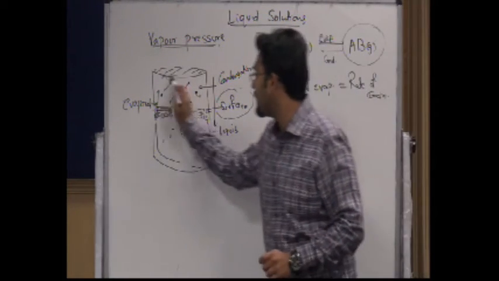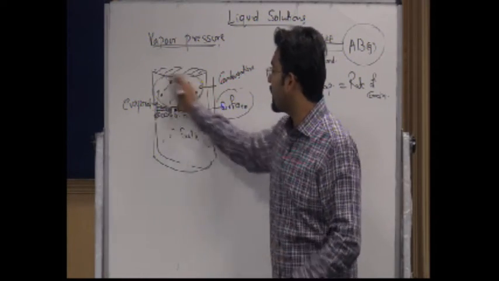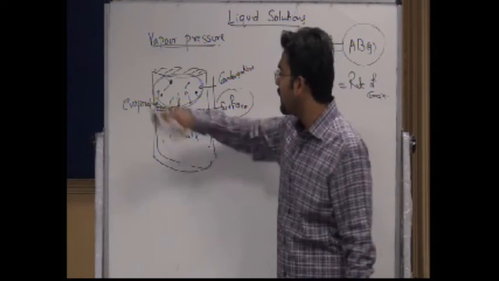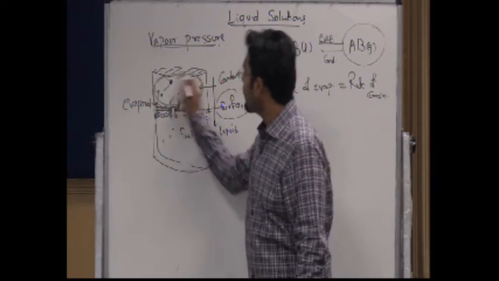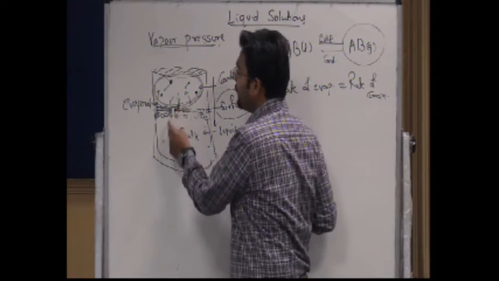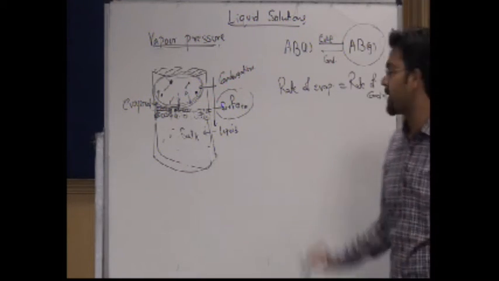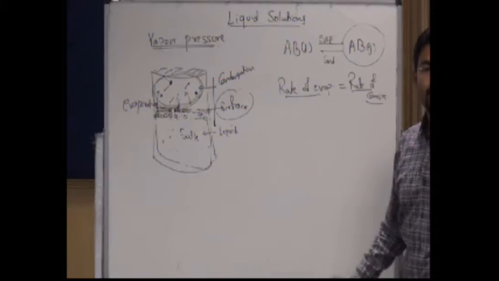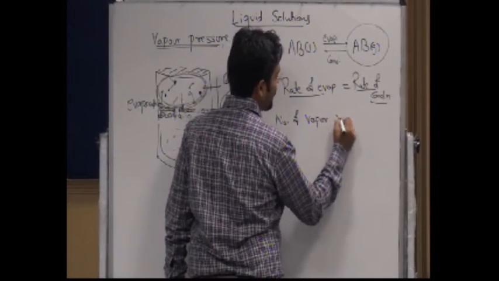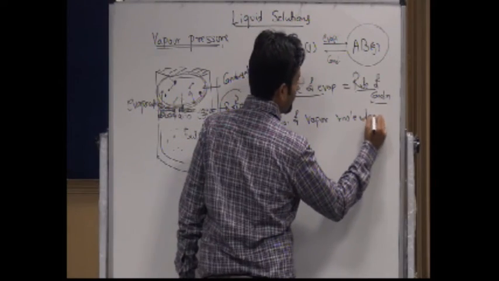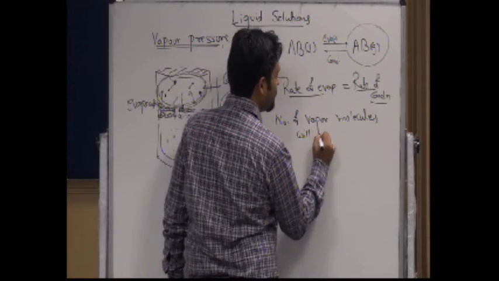For example, when equilibrium has been established between evaporation and condensation, and let's assume there are 100 molecules present in the vapor phase and a huge number of molecules present in the liquid state, then these 100 molecules will not change, because if 4 go to the vapor state, the other 4 will come down to the liquid state in the same time period. That is the meaning of equilibrium, right? So in this state, the number of vapor molecules will be constant.